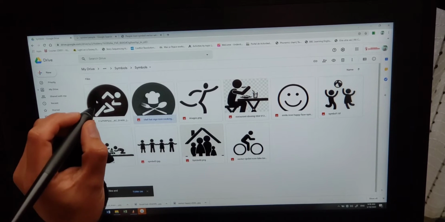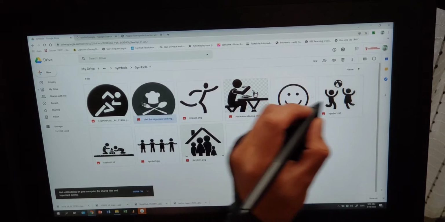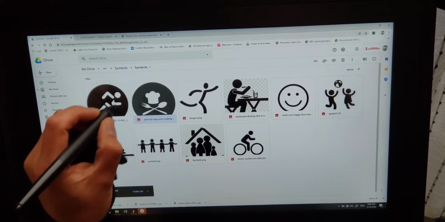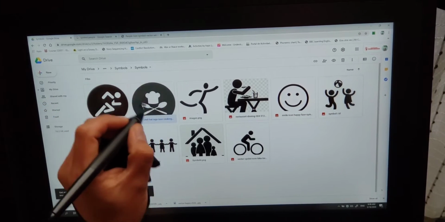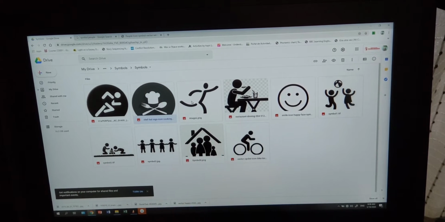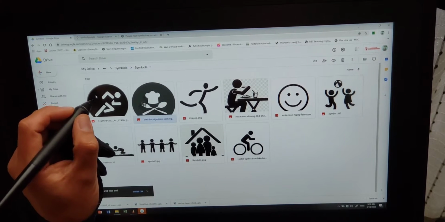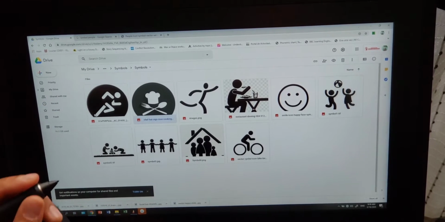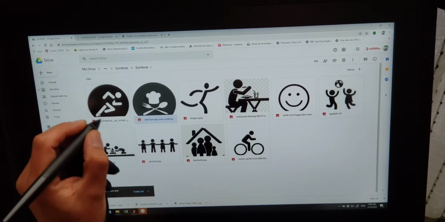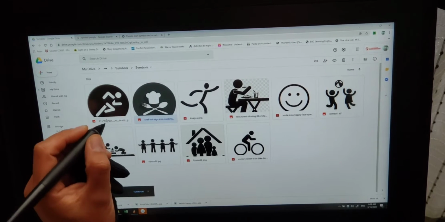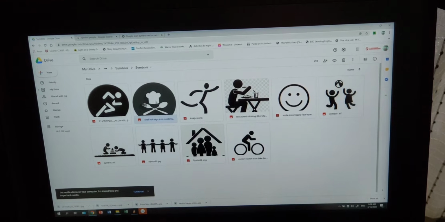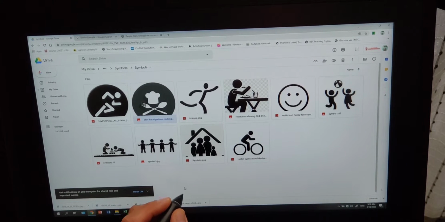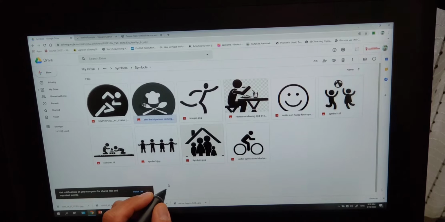For example, number from 1 to 10 on a piece of paper, and say number 1 represents this, number 2 represents this, and write the term, the idea, or the action that every one of these symbols represents. If you want, you can pause your video so you can do this part, and then continue with the next part.